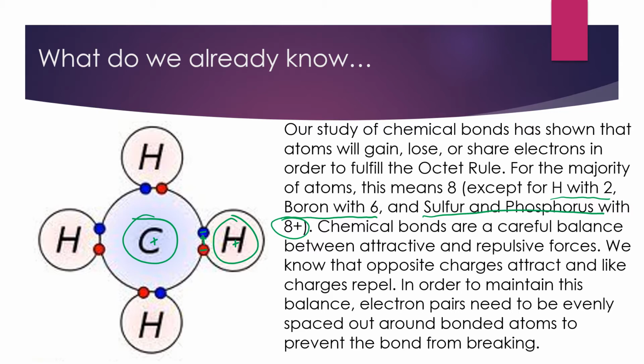They're pushing away from each other. But the attractive forces, y'all, the positive and negative charges, they want to be together. So the positive charge of the nucleus would attract the electrons of hydrogen, while the hydrogen nucleus is attracting the negative electrons of carbon. And so again, it is a delicate balance.